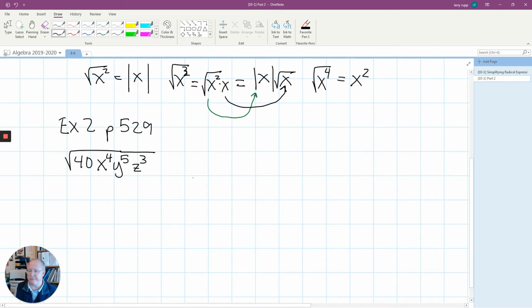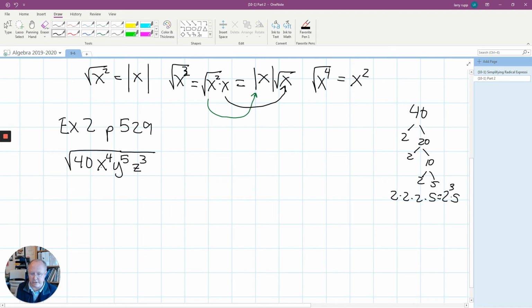All right. Now, remember, way over here, let's do some prime factoring. 40, 2 and 20. 2 and 10, 2 and 5. So we have 2 times 2 times 2 times 5, which is equal to 2 cubed times 5.